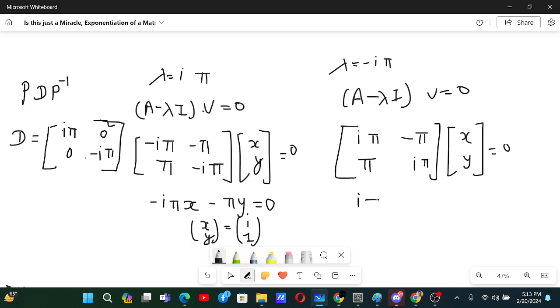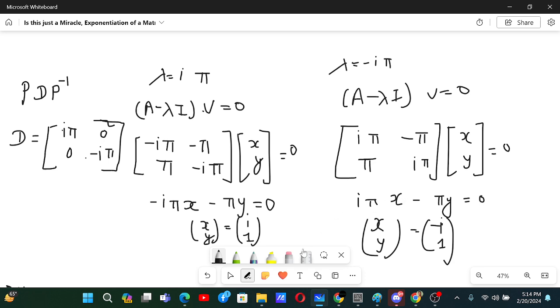Now i pi x minus pi y is equal to 0. So x and y can be, we can put x as minus i again, and over here 1, because minus i makes it just pi and minus pi.